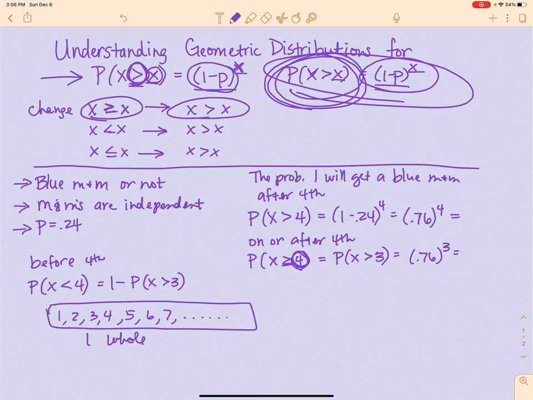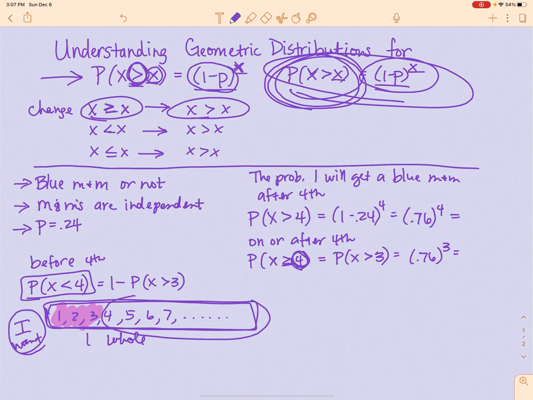The ones I'm interested in, the ones that reflect what I want, are going to be these right here. Those are all the values that are less than 4. So those are the things I want. If I want those things, I'm going to take the whole thing, and I'm going to subtract from it all of these things, and then I'll be left with this.